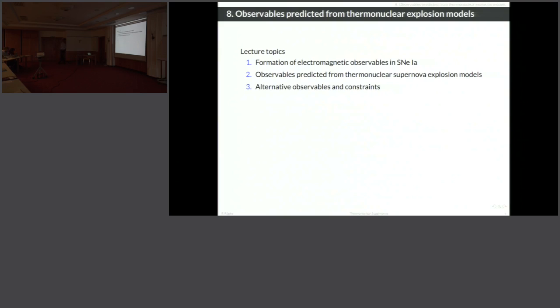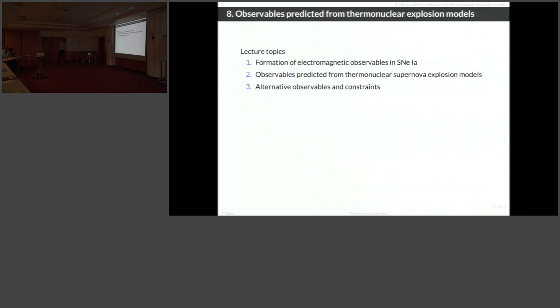So in order to understand how we really derive these observables, I will first talk a bit more about the formation of electromagnetic observables in Type Ia supernovae, what the specific processes are that give rise to them. And then I will give you an overview of the electromagnetic observables predicted from different scenarios of thermonuclear supernova explosions.